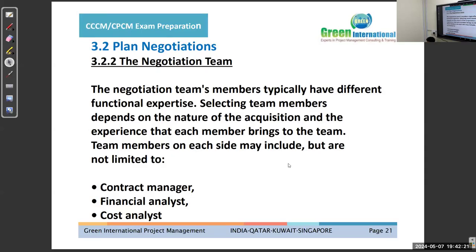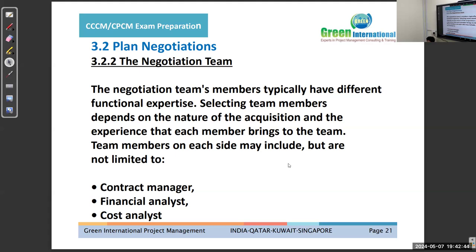The negotiation team. From the buyer side and from the seller side, there should be a few members selected as a negotiation team, and there will be one leader of that. He should have clear power and signing authority.